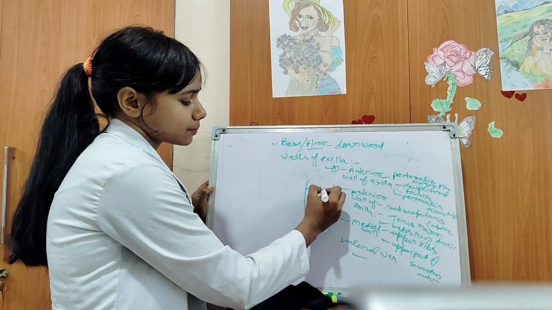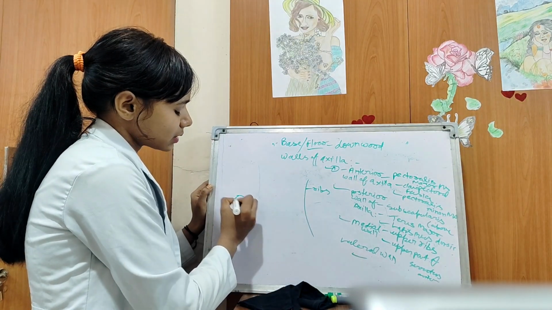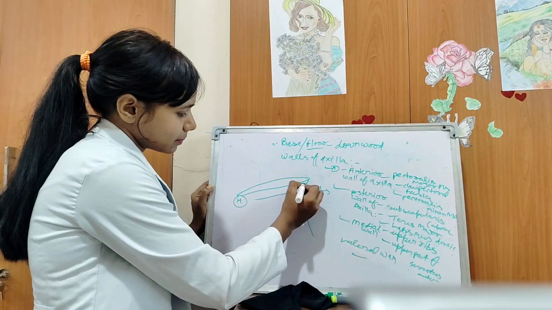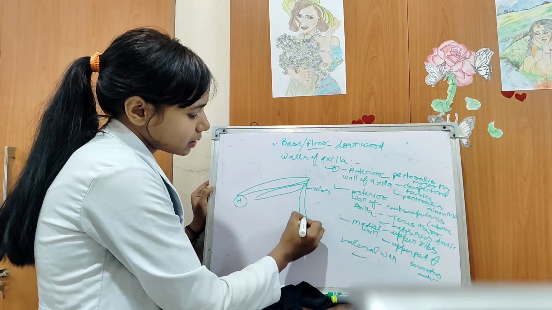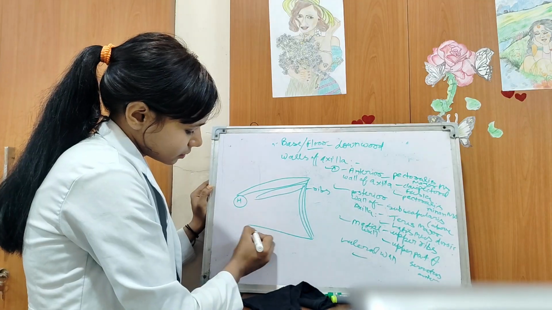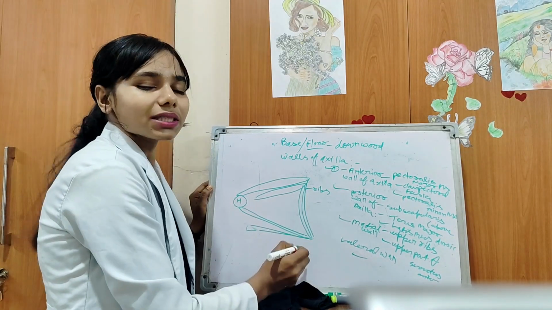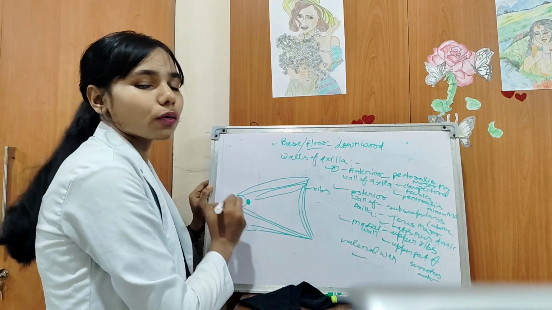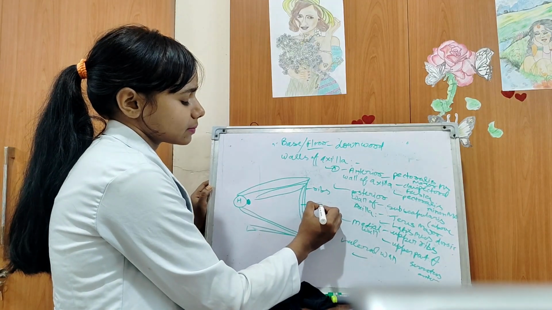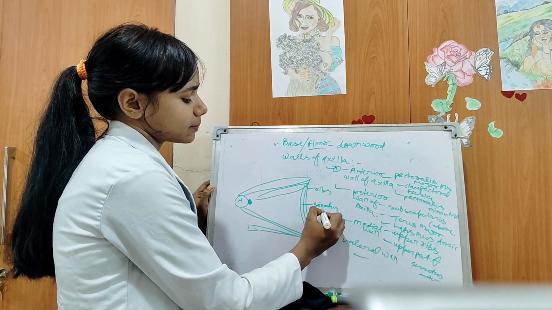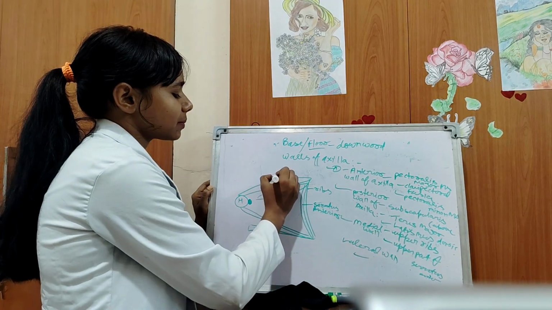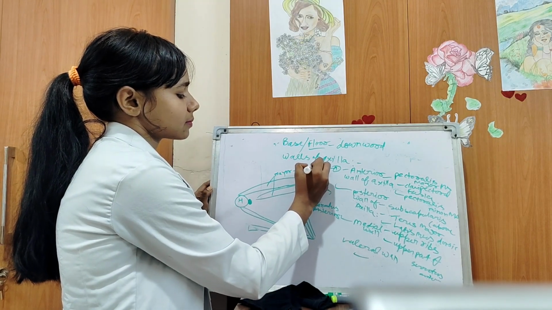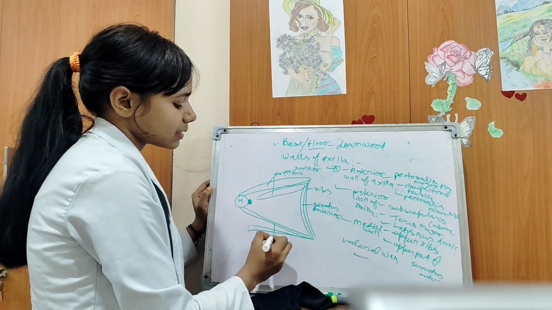So these are the ribs, and this is the humerus. This is the pectoralis major and pectoralis minor muscle, this is the serratus anterior muscle, and this is the subscapularis muscle.